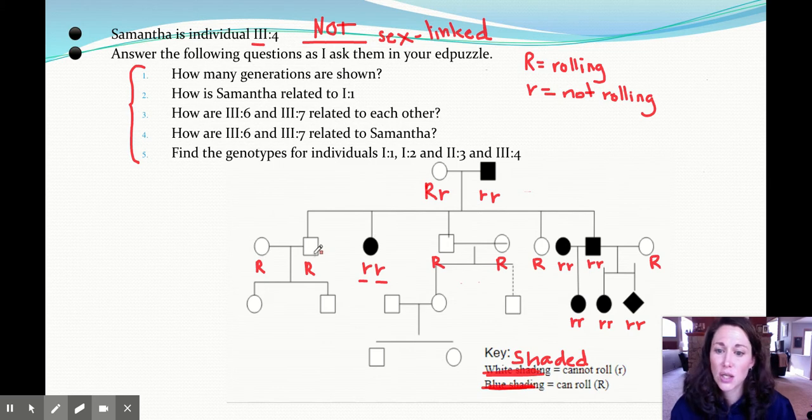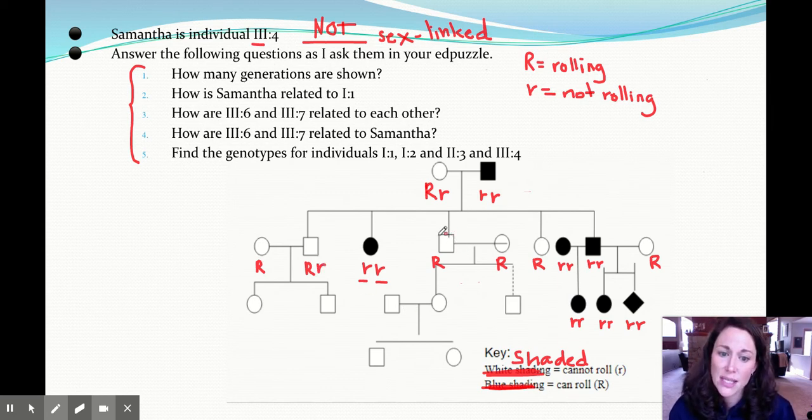Now, let's look at the rest of the offspring that these parents have. We know that this son right here can roll his tongue, and he got the big R from his mom. And we know he had to get an allele from his dad, and his dad can only give him a little r because that's the only genotype dad has. So this son is going to be big R, little r.